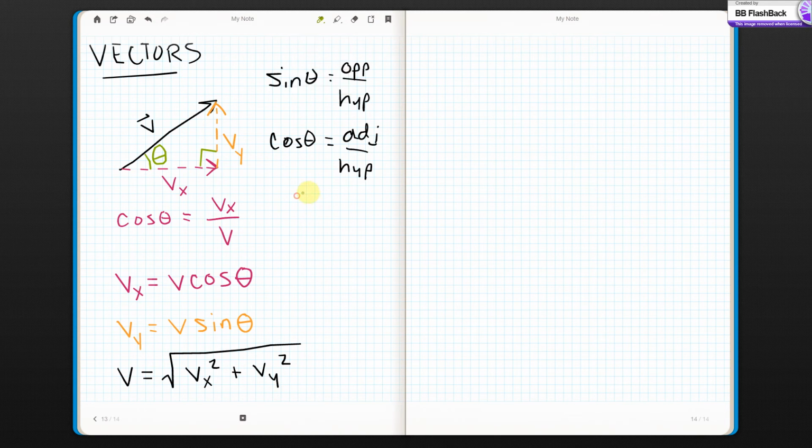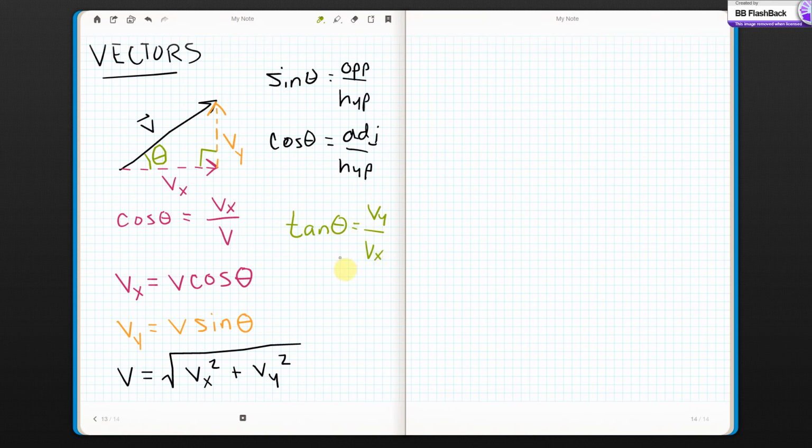And finally, if I wanted to know the angle, just the angle, let's use green for that because it's what I used in the diagram. Well, I could use any of these if I already knew the hypotenuse, but what if I didn't? What if I just knew vx and vy, that's opposite and adjacent sides to this angle? Well, opposite over adjacent is a tangent. So the tangent of that angle equals opposite over adjacent.